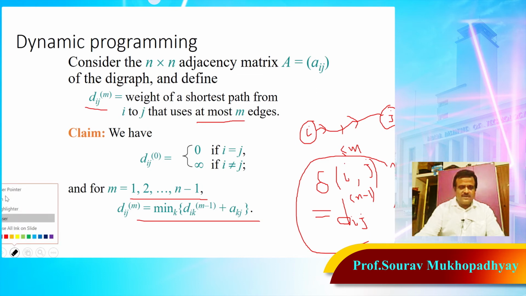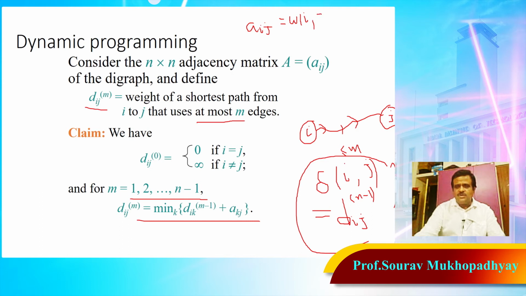We have to define this a_ij. The adjacency matrix means that if there is an edge from i to j, here we define it as w_ij. If there is an edge, then the edge is associated with a weight, and that edge weight is our a_ij.